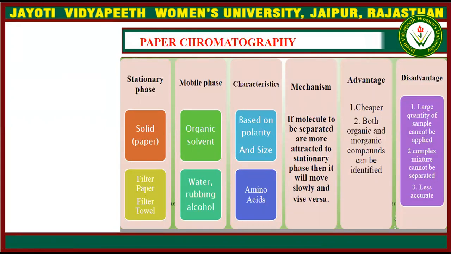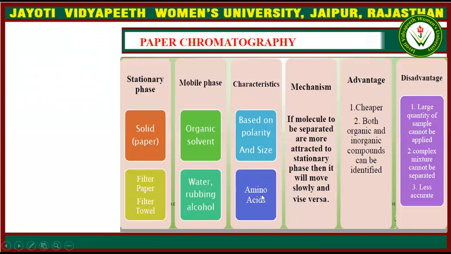So in paper chromatography, the stationary phase is a paper on which we load a sample, and the mobile phase will move the sample and separate the particles present in the sample. The particles are separated on the basis of their polarity and their size.